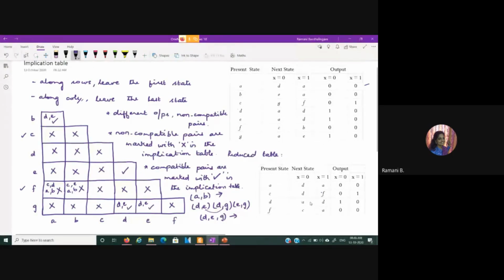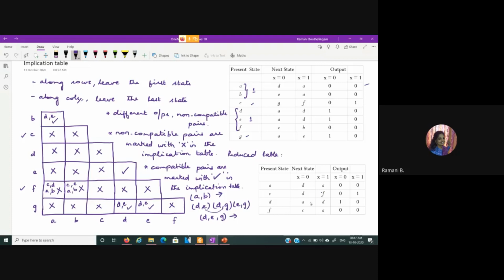That is, these three are combined and written as one state, these two are combined and written as one state, and the remaining two are written as such. So wherever you have the value B, we replace that with A, and wherever you have value corresponding to E and F, we replace it with D. Based on that, we have this table.